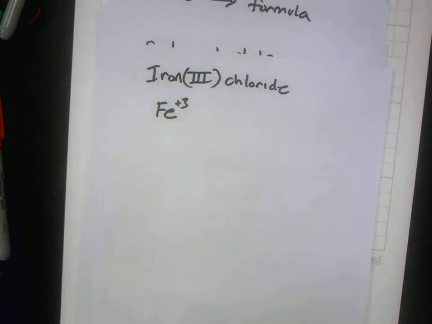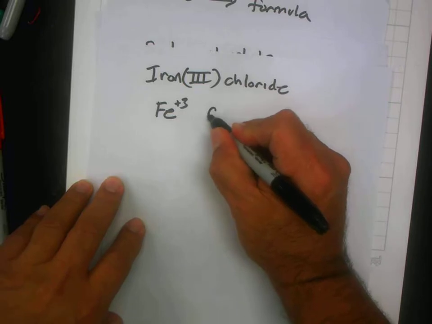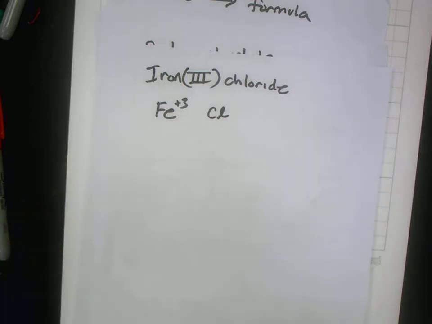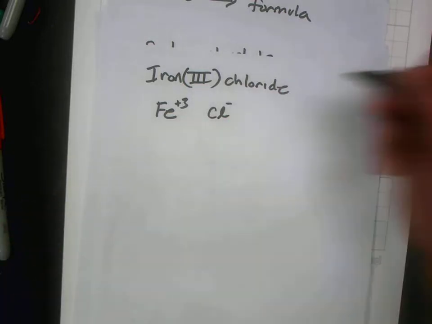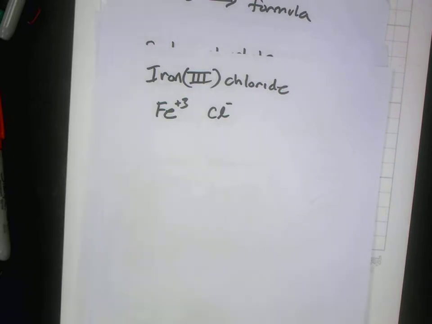Chloride is on the periodic table in one of those columns that has a rule to it. Chloride is the chlorine ion, and it's in column 17. So all the column 17 elements get a -1 charge, right? So iron 3 chloride is a compound that has iron 3 in it and chloride ion in it.